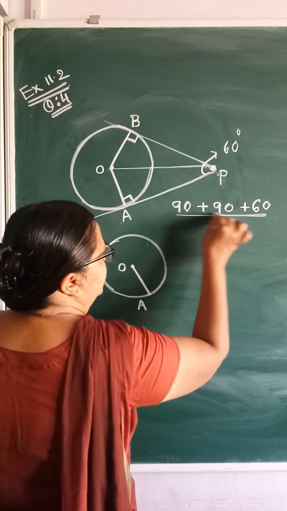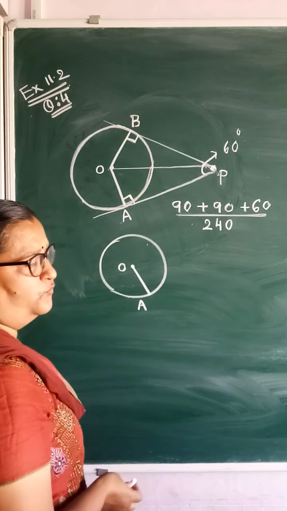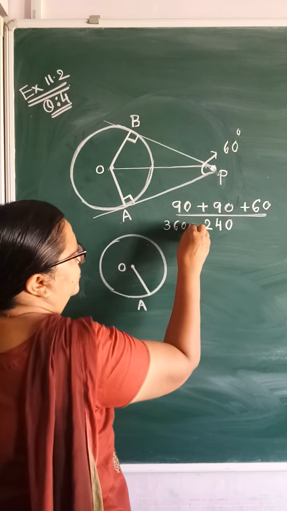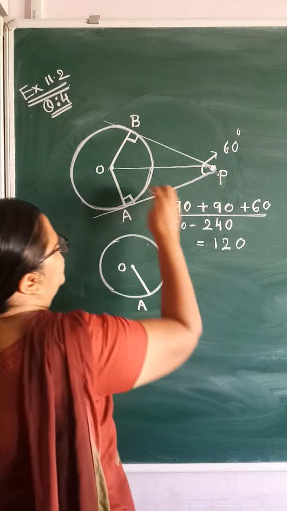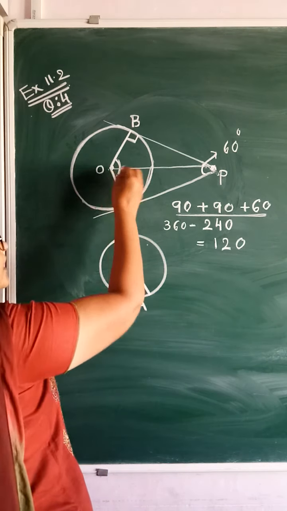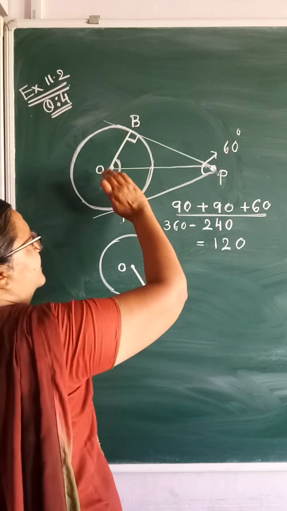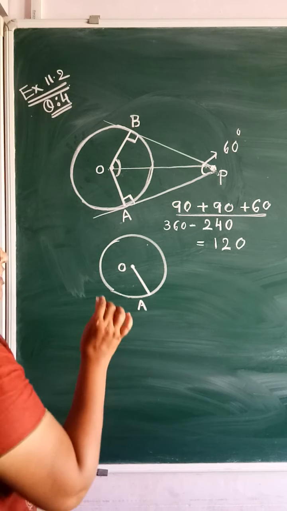But these three angles we want to draw have a total measurement of 240. So if you subtract 240 from 360, the angle at the center should be 120. So we will draw these three angles first, then automatically the last angle at P will come 60 degree.